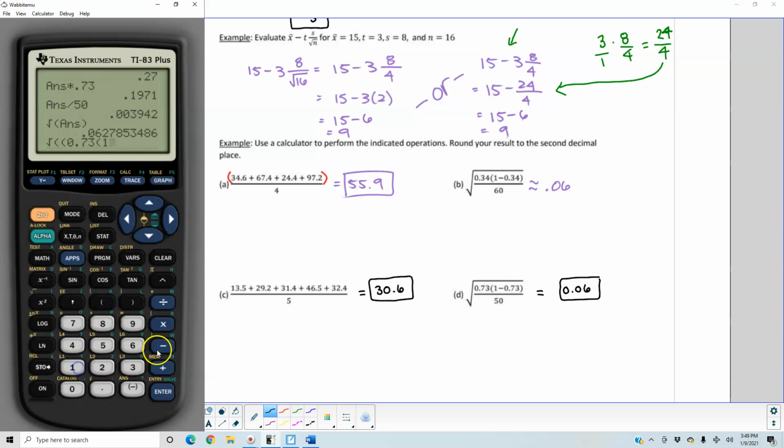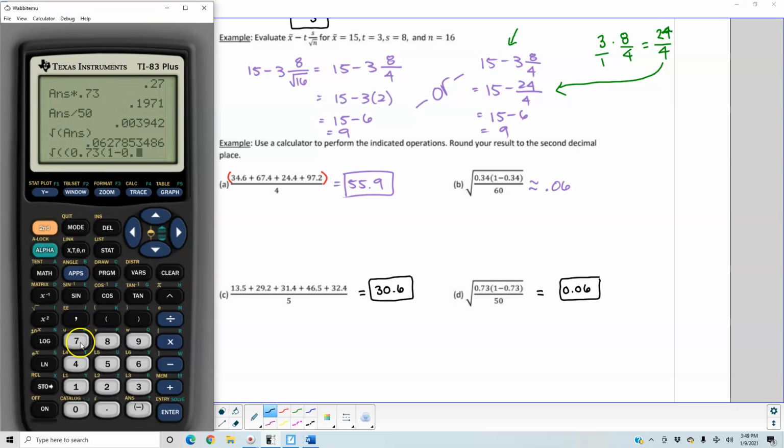Left parenthesis 1 minus 0.73. And then we're going to end that parenthesis. Now we still have the parenthesis that we used for the numerator, so we're going to make sure we close that. So now we have that all contained. Then we're going to divide that number by 50.